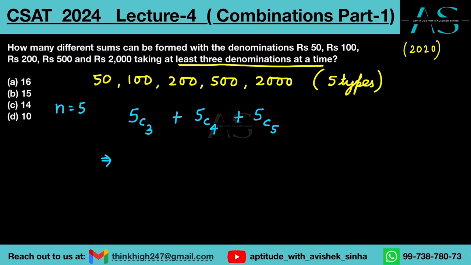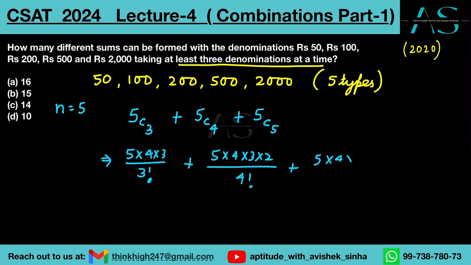What is 5C3? 5 into 4 into 3 upon 3 factorial, plus 5C4, 5 into 4 into 3 into 2 upon 4 factorial, plus 5C5 upon 5 factorial.